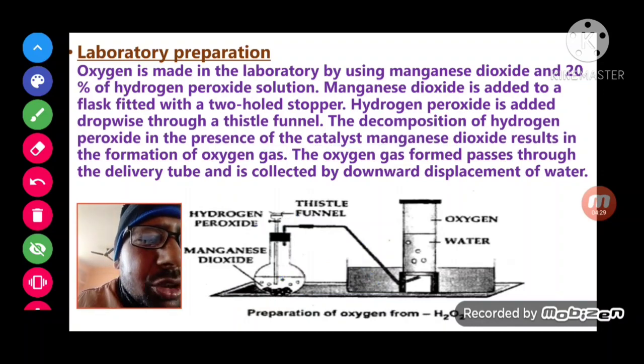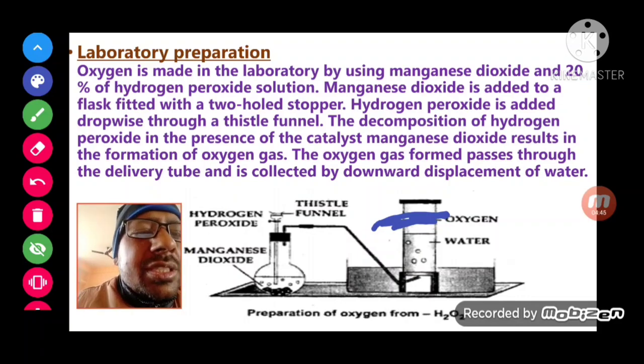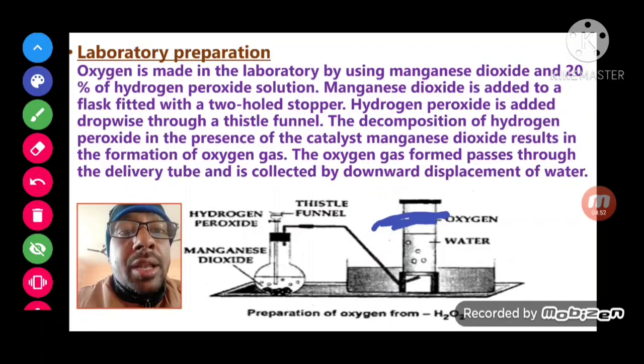And this delivery tube will get the bubble of oxygen. You can see that oxygen is here, and that oxygen is collected in this part. The upside down beaker is kept in water, and in this region you can collect oxygen. So this is a method you can get oxygen in laboratory. So laboratory method you use only hydrogen peroxide, in the presence of manganese dioxide, used as a catalyst.